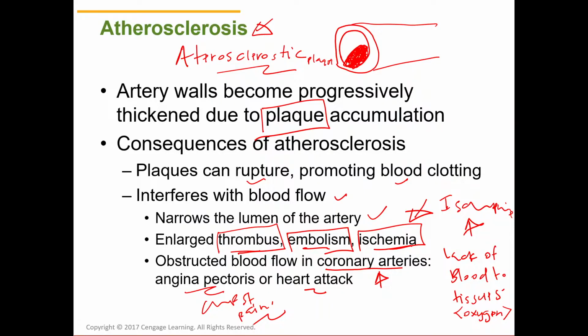This one is more or less accumulation of fats that thicken on the walls of the artery. But arteriosclerosis is just hardening of the arteries.